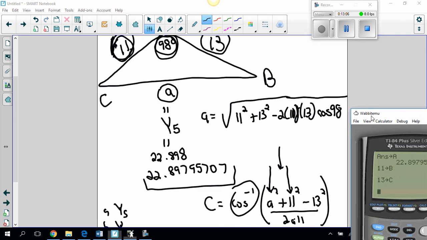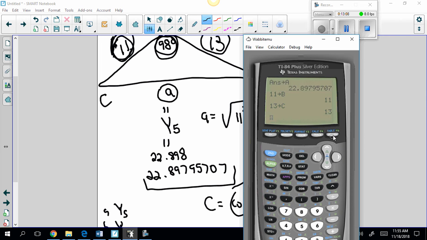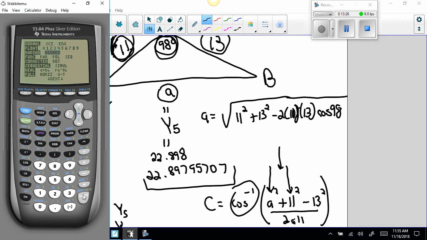Because if you look at the table, whoa, oh, mode, degrees. Look at the table.